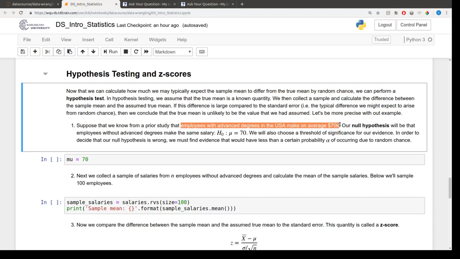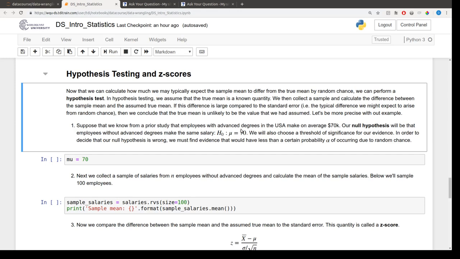In practice, we won't necessarily know this to be true, but we will assume some value for the true mean of whatever situation we're talking about. In this case, we're going to make what's called a null hypothesis. And this is the thing we're assuming to be true: that employees without advanced degrees also make an average of $70,000 a year.